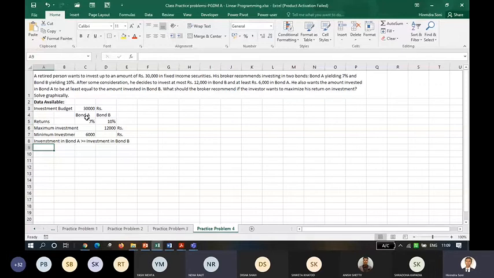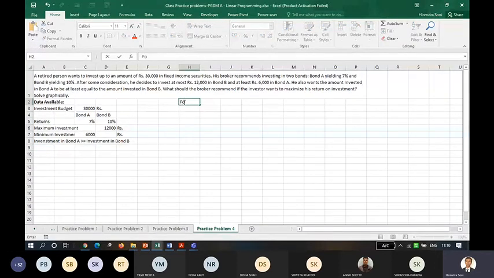What should the broker recommend if the investor wants to maximize his return on investment? So my objective would be जो भी invest करूंगा into 7% plus investment in bond B into 10% should be the maximum. Correct? So यहाँ पर formulations हम लेते हैं.